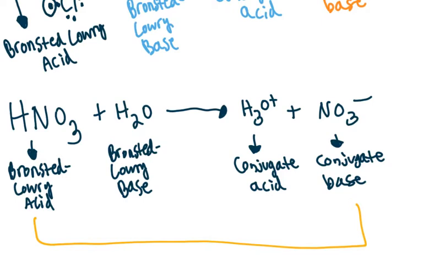Then we have our base and our conjugate acid. That's one acid-base pair. And in our future video when we look at buffers, how a buffer solution works, we'll need to know conjugate acid-base pairs. So this is pretty much what I wanted to get through when we're talking about identifying conjugate acid and conjugate base.